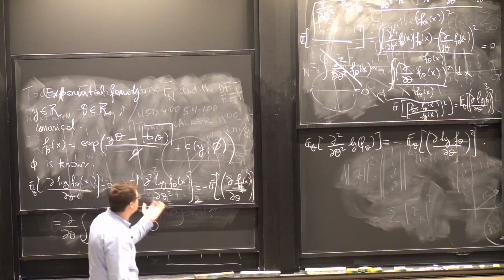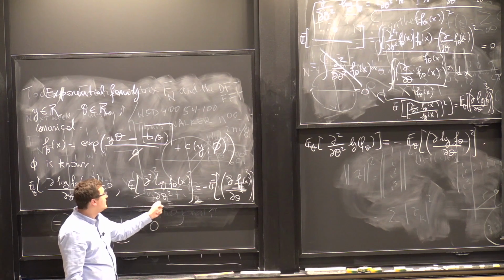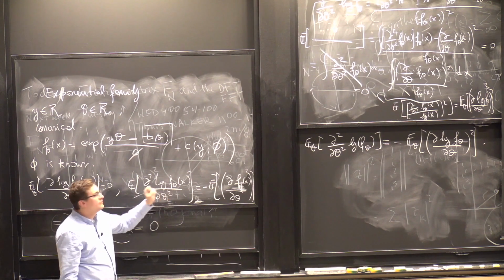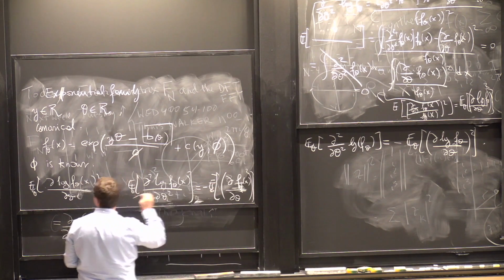Okay, and this is indeed my Fisher information. This is just telling me what is the second derivative of my log likelihood at theta, right? So everything is with respect to theta when I take these expectations.